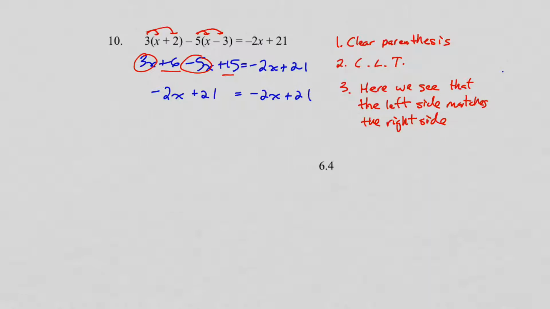When you have the left side that matches the right side, we get something called an identity. Okay? And this is going to produce all real numbers. Okay? And again, an identity is just a true statement.